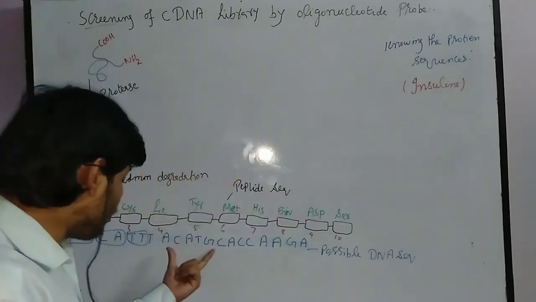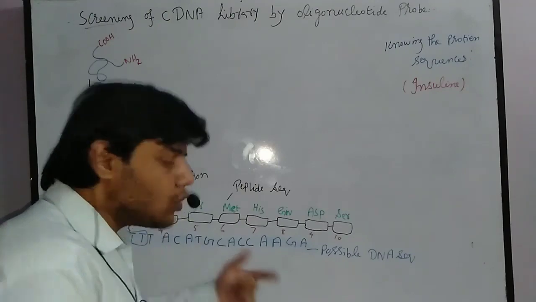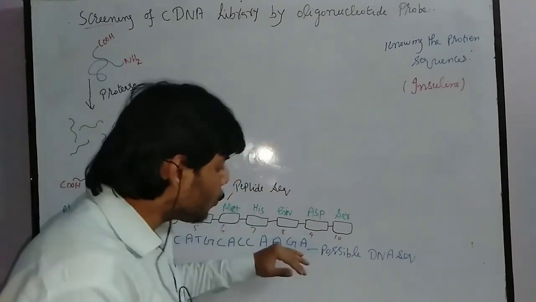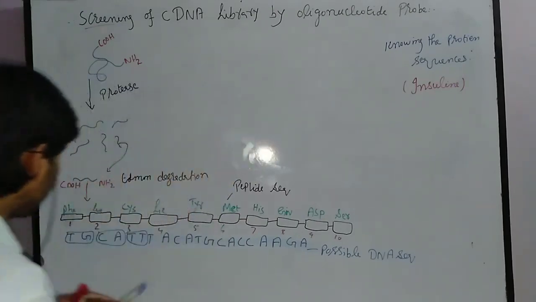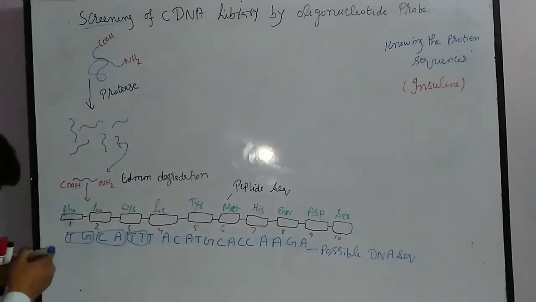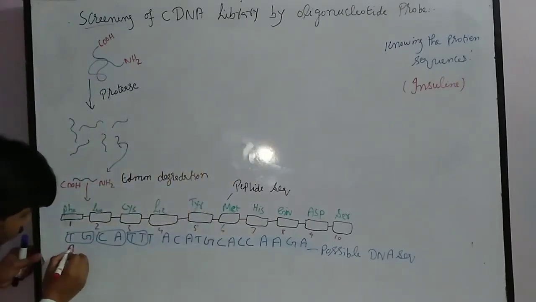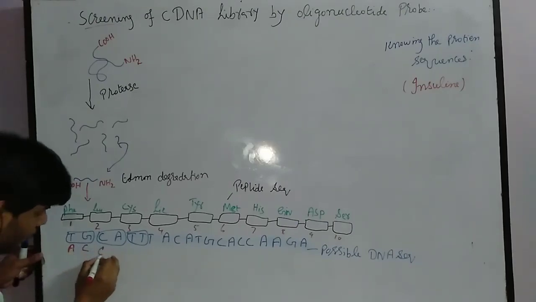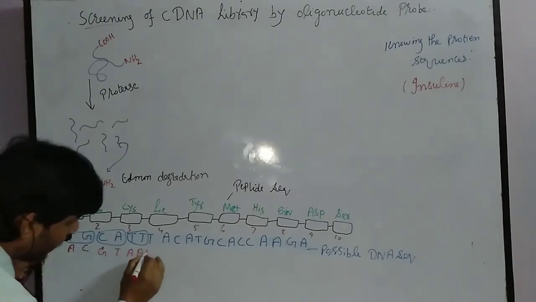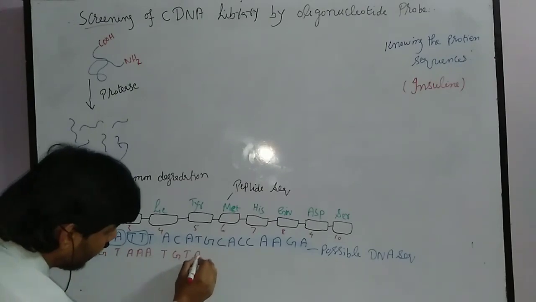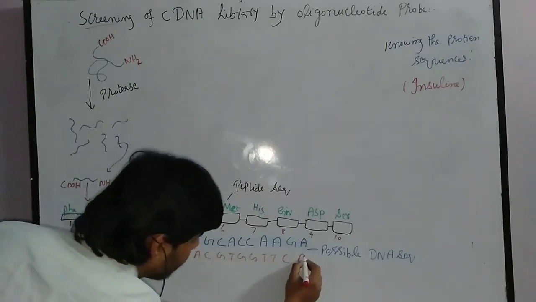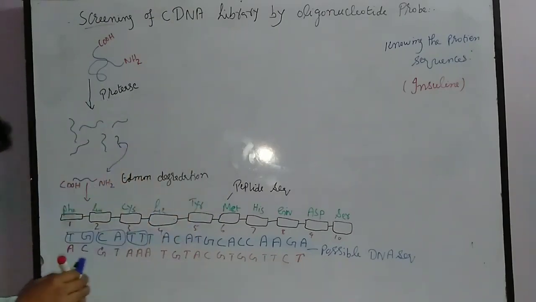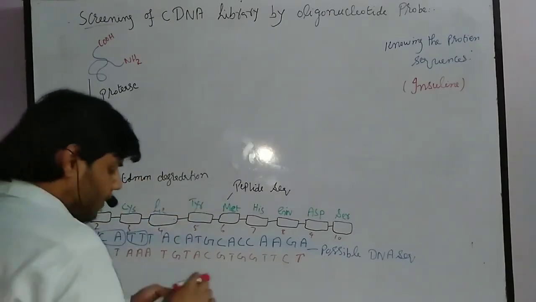If this is the DNA sequence, we use DNA polymerase to make a complementary sequence of this DNA. So we make the complementary sequence like this. Now this is the complementary sequence.